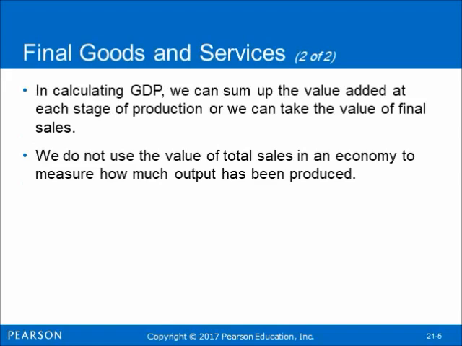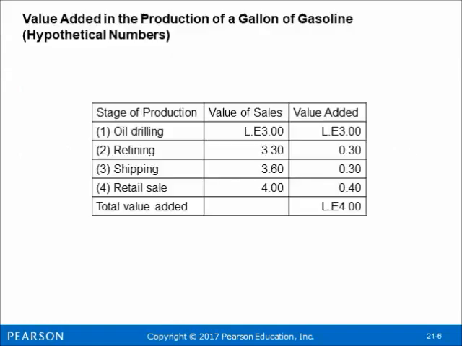In measuring or calculating GDP, we can sum up the value added at each stage of production, or we can take the value of final sales. We do not use the value of total sales in an economy to measure how much output has been produced.